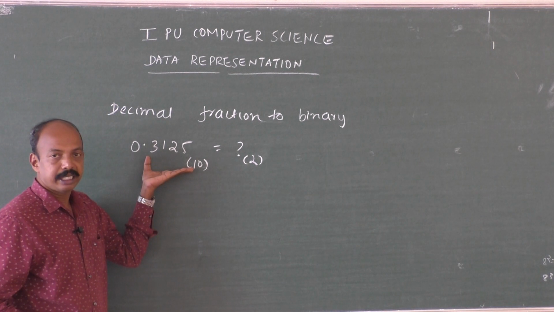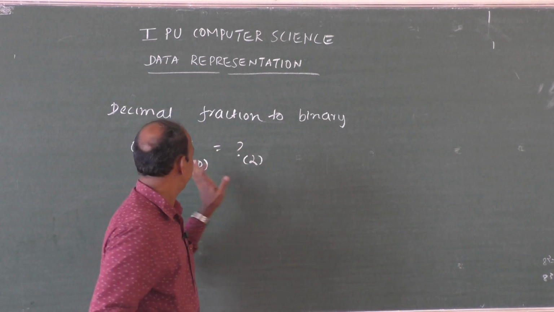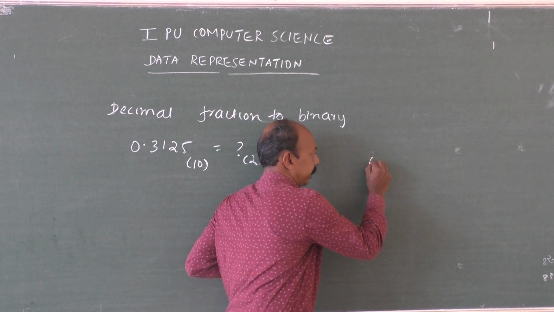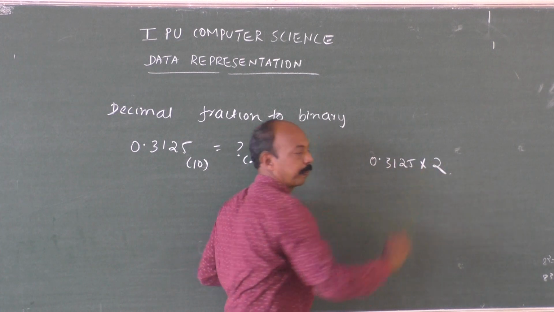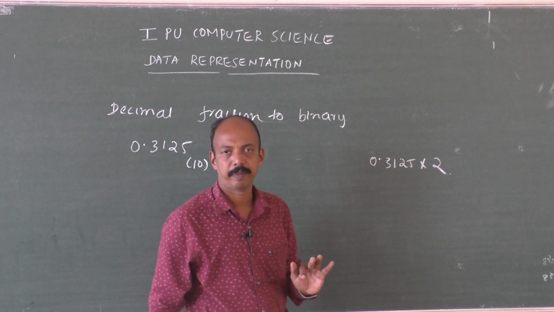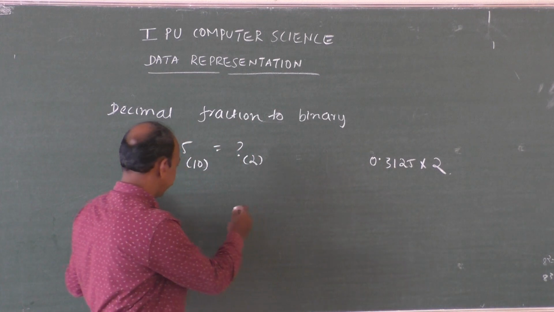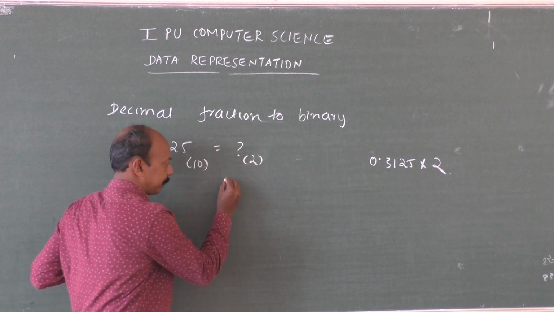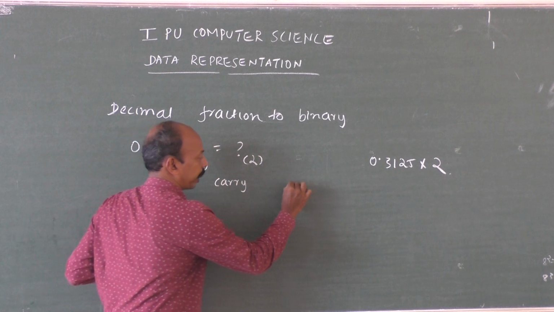In this case, what we need to do, we shall write 0.3125 into 2. Double the number, just add the same number twice. So what happens in that case? Before that, here we will write something like this, carry and the product.